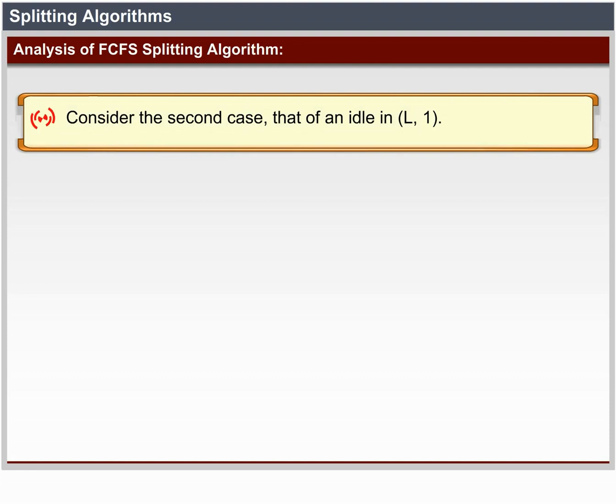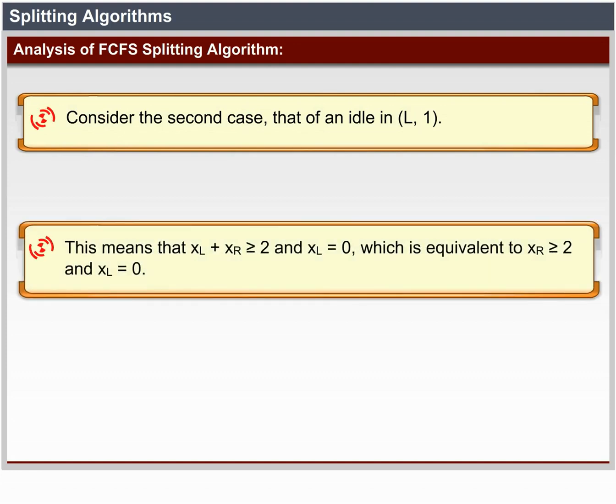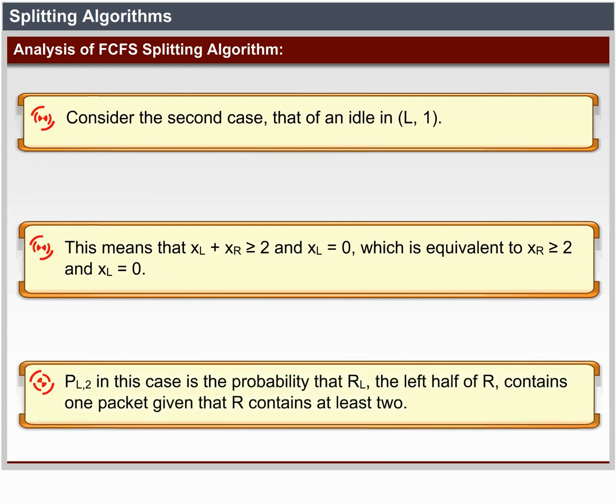This means that XL plus XR is greater than or equal to 2 and XL is equal to 0, which is equivalent to XR greater than or equal to 2 and XL equal to 0. P_L,2 in this case is the probability that RL, the left half of R, contains one packet given that R contains at least 2.